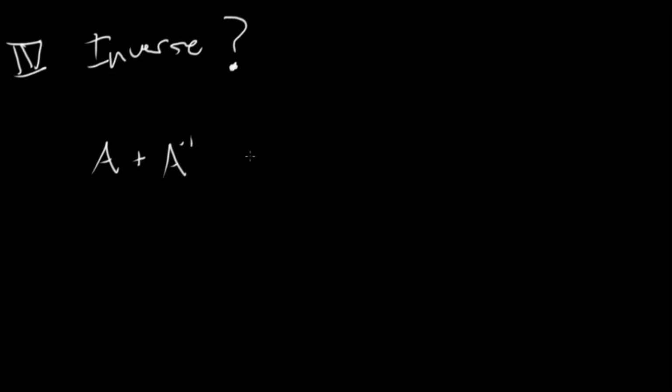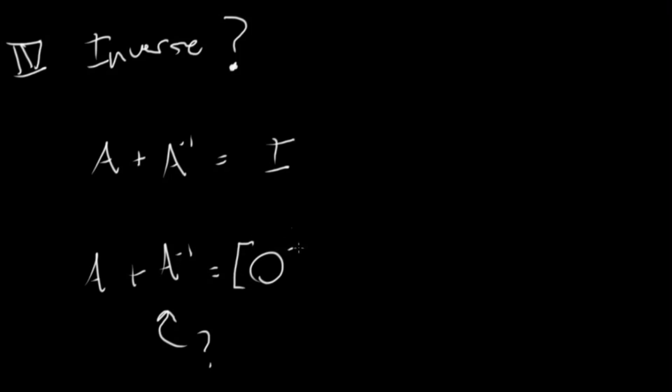Let's go ahead and think about inverses. Is there an inverse element? All right, so we need to find a matrix such that when I add it to A, let's call it A inverse, I get the identity, that 0 matrix.